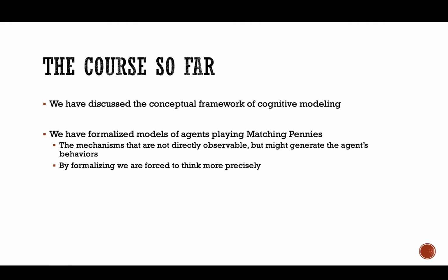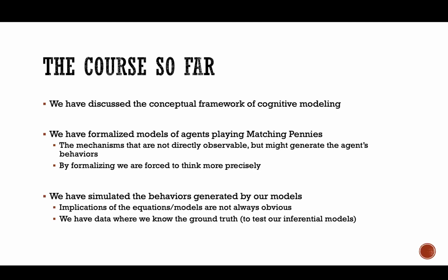If you haven't submitted yet, you can still manage it because I haven't finished giving feedback to everybody. We have simulated the behavior generated by our models because the implications of the equations and model are not always obvious, and because that gives us data that we can use from today on to actually fit the inferential models, before we even look at empirical data.